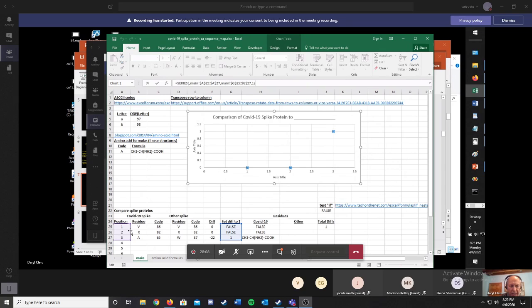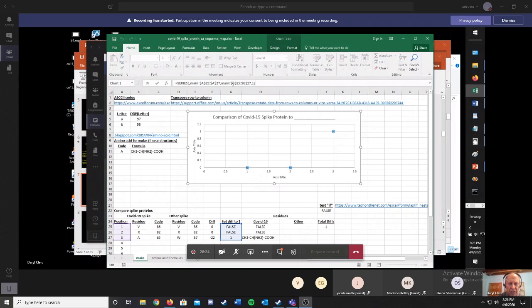It says that the X values for this graph come from A25 through A27, which are down here in the positions. So that's where these numbers on the X-axis come from. We have 1, 2, 3 here, and 1, 2, 3 there on the graph.